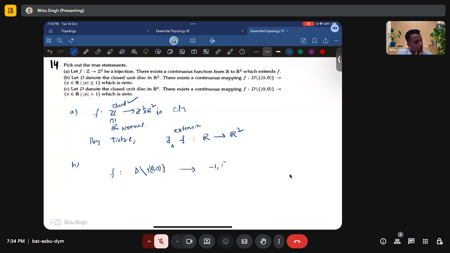That means this interval [-1, 1]. Is there a continuous onto map? Is it true or not?